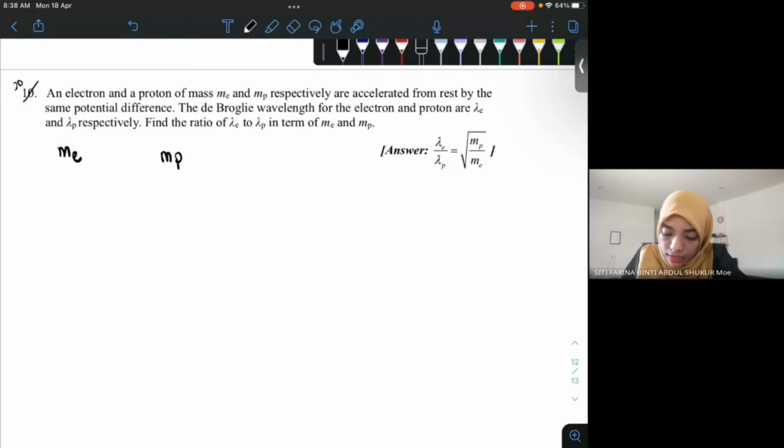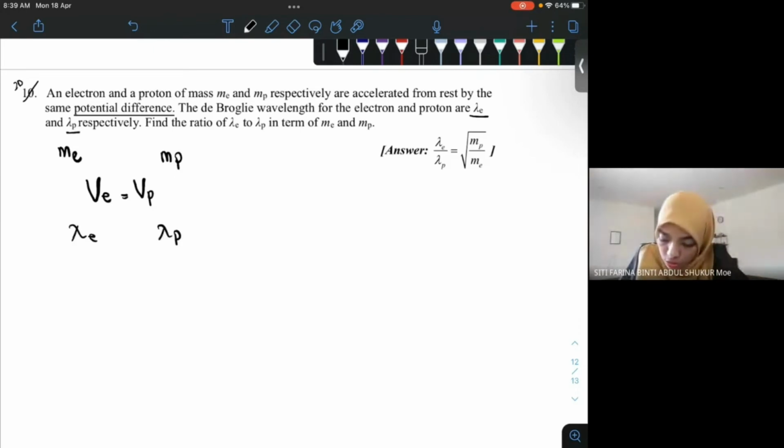And then dia kata they are accelerated at the same potential difference. So the potential difference Ve of electron dan Vp of proton akan sama. Dia kata the de Broglie wavelength for the electron and proton are lambda e and lambda p.